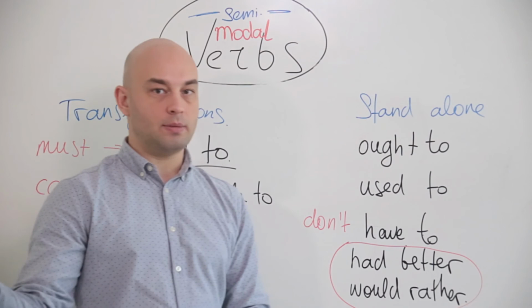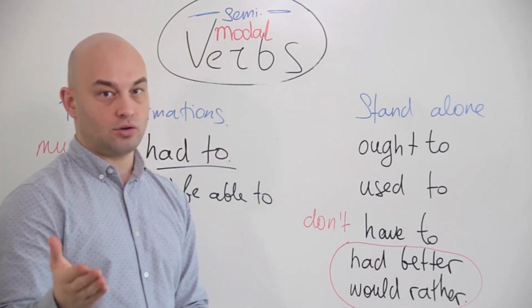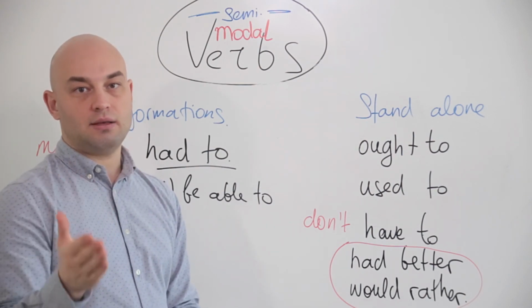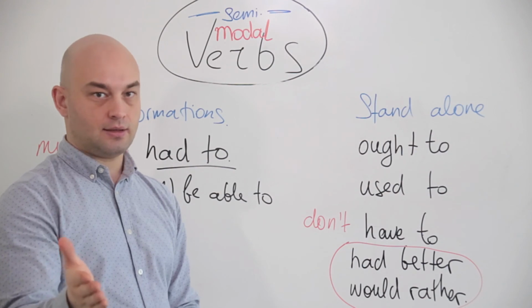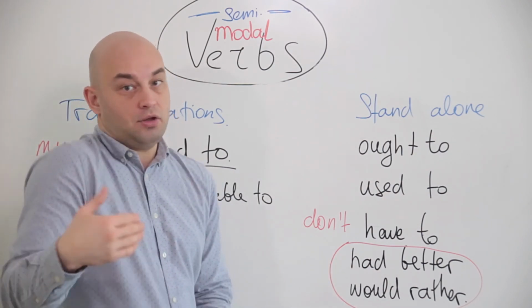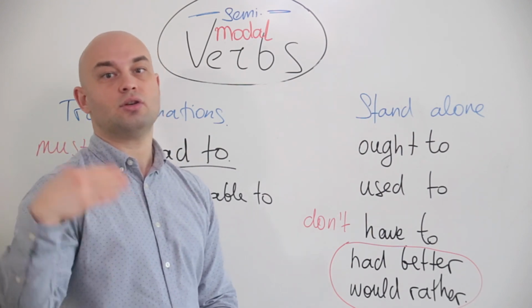So there's no obligation, but it's not a prohibition. Because if you say must not, you are prohibiting. You're saying you must not do it. It means this is prohibited. But if you say you don't have to do it, it means you can do it, but you don't have to. It's your choice to do it or not to do it.